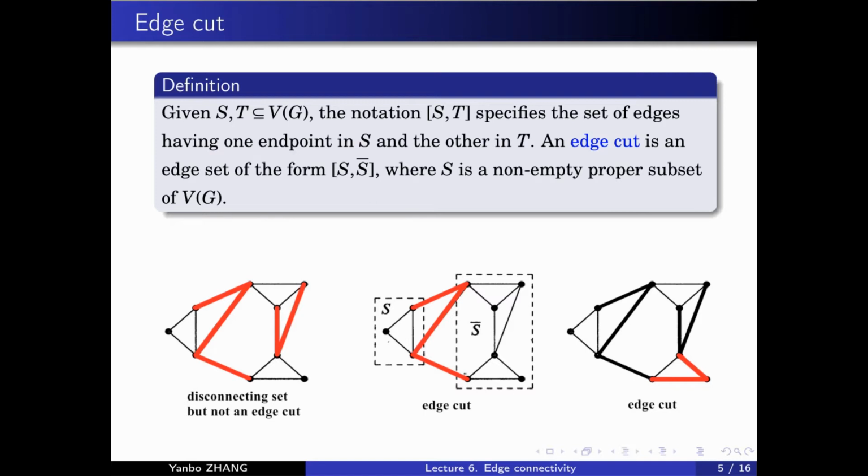In the right graph, the red edges also form an edge cut. This is because the vertex in the lower right corner is one part, and all the other vertices make up the other part. The two red edges are all the edges between the two parts.